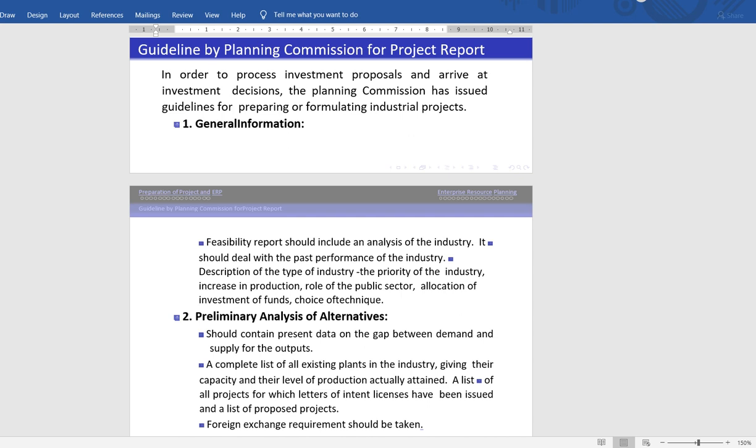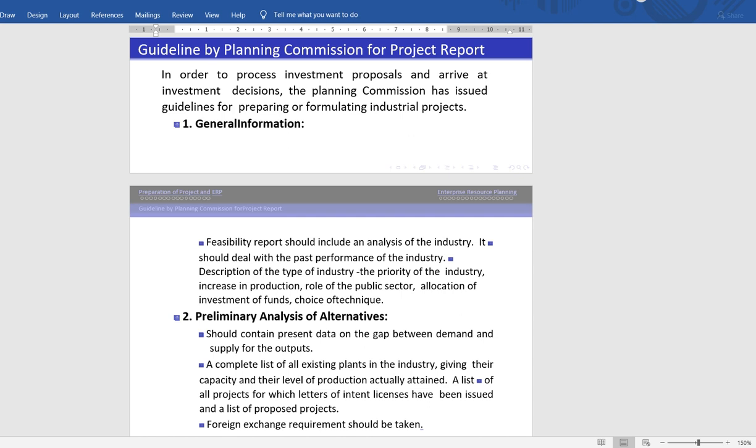The report should include an analysis of the industry to which the project belongs. It basically speaks about which industry the project belongs to, whether it is the food industry, textile industry, technology, or any other industry. It should describe that industry and deal with its past performance also.